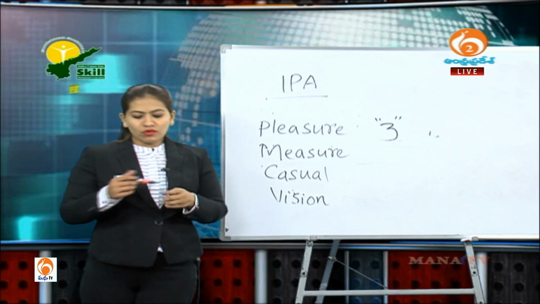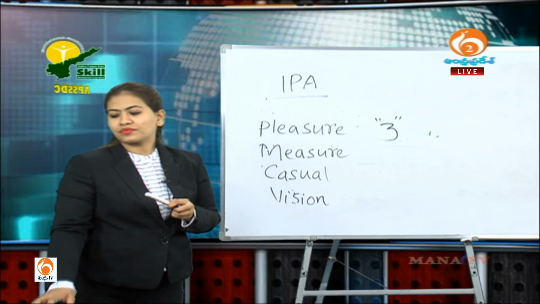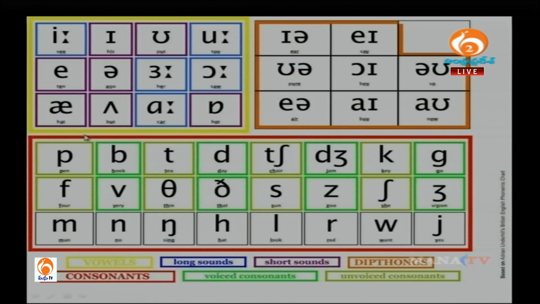So once again, moving to the chart in the slide, the set of consonant sounds, 24 consonant sounds. P is the first sound.